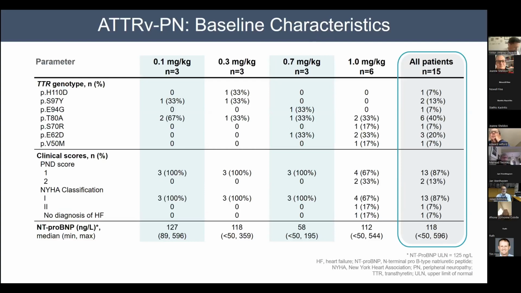In other words, most had a PND or polyneuropathy disability score of 1 and were in NYHA functional class 1, despite imaging evidence of cardiac involvement in a proportion. And the relatively minor cardiac involvement or complete absence of cardiac involvement in some patients is obviously supported by the fact that NT-proBNP was below 600 nanograms per liter in all patients, as you can see.